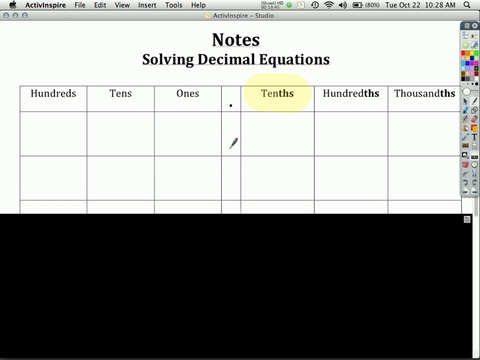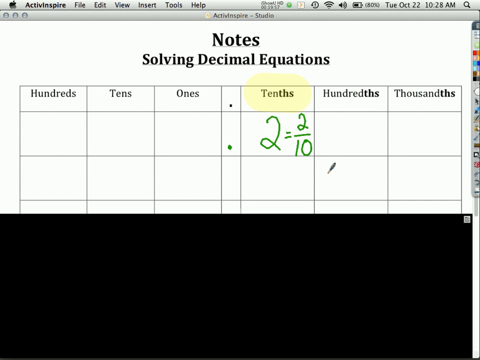If we put 0.2, what that really means is 2 out of 10. That's what Caesar was saying, was that tenths means there's 10 pieces, and we've got 2 out of the 10. 2/10. That's why it's tenths and not oneths. It's not a 1 in the denominator, it's a 10.